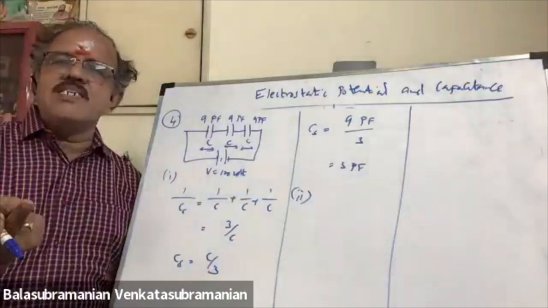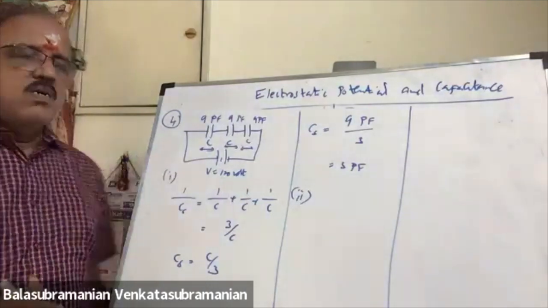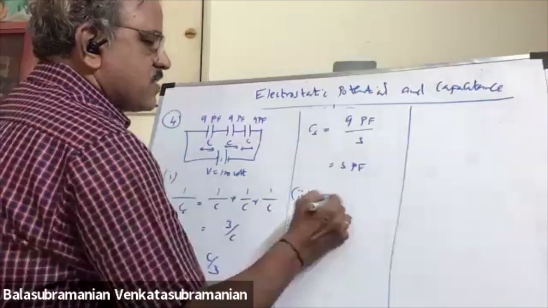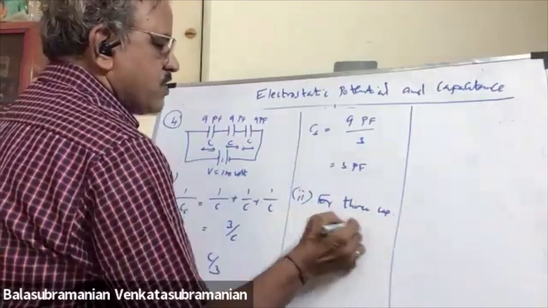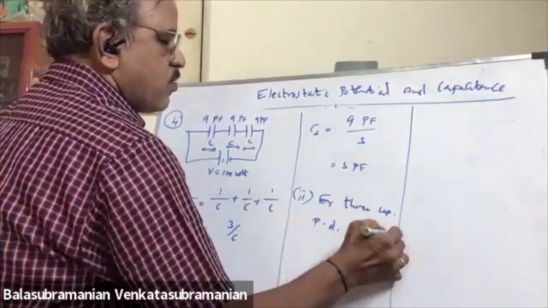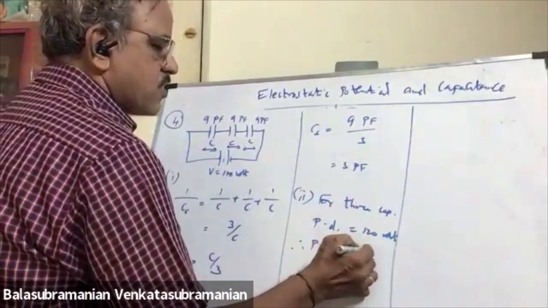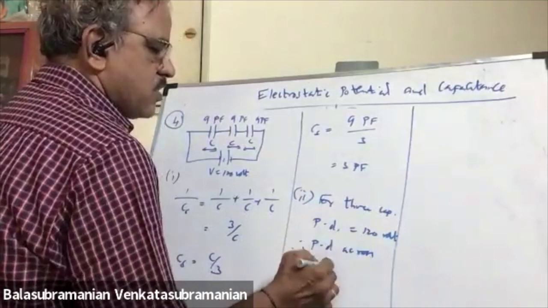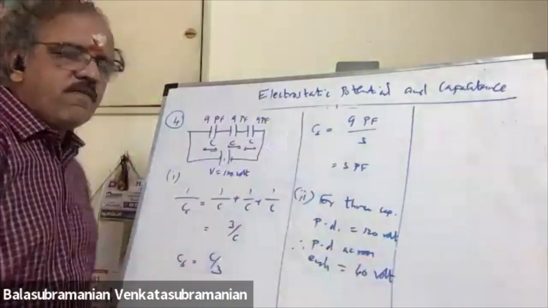That is equally shared among its capacitors. For three capacitors, potential difference is 120 volt. Therefore, potential difference across each is equal to 40.